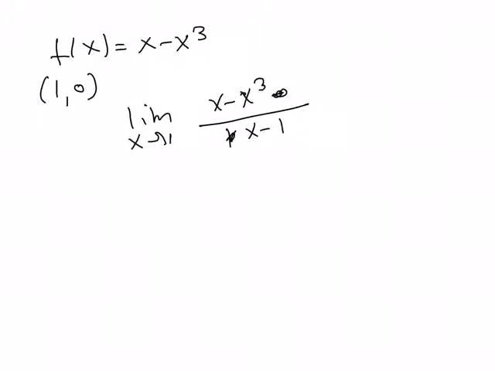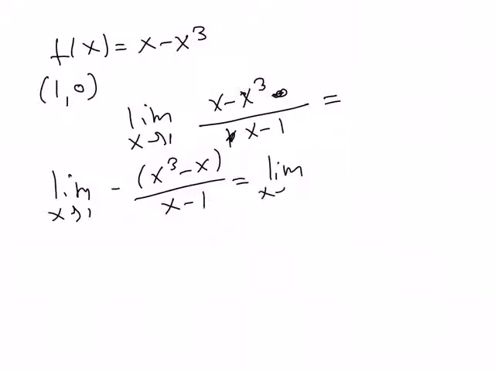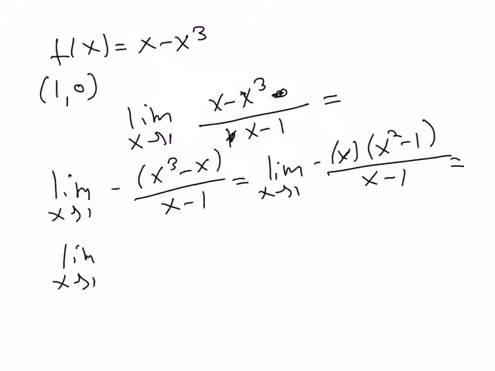over x minus 1. Okay, so this is the same as the limit as x goes to 1 of negative x to the third minus x over x minus 1, which is equal to the limit as x goes to 1 of negative x times x squared minus 1 over x minus 1, which is equal to the limit as x goes to 1 of negative x times x plus 1 times x minus 1 over x minus 1.